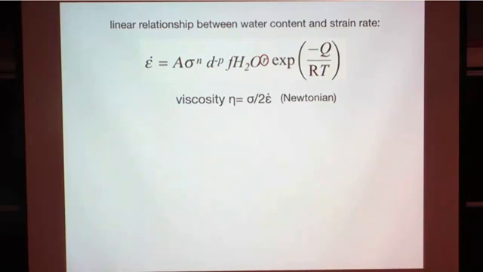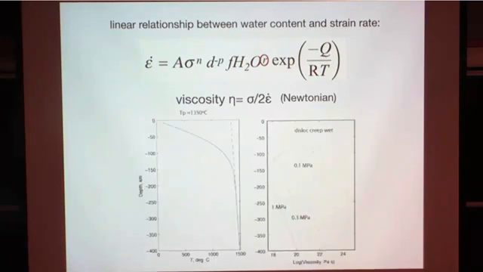And I wanted to make one more point. This is a linear dependence of the strain rate on stress. If you have a power law dependence, which is shown very vaguely here, the viscosity then depends on the stress itself.